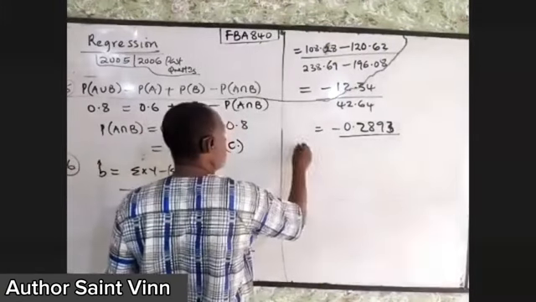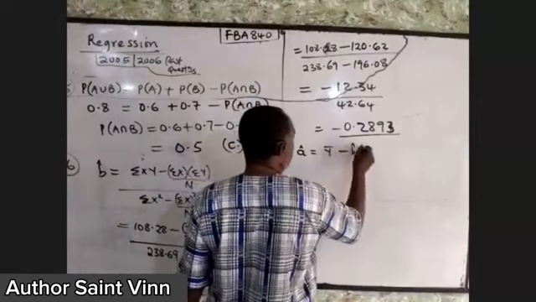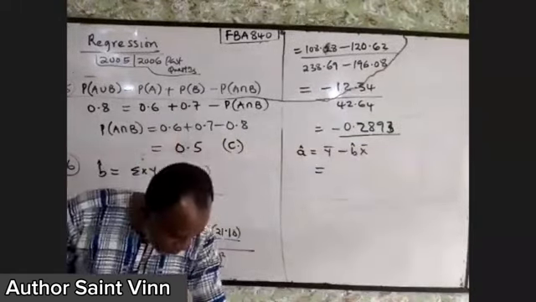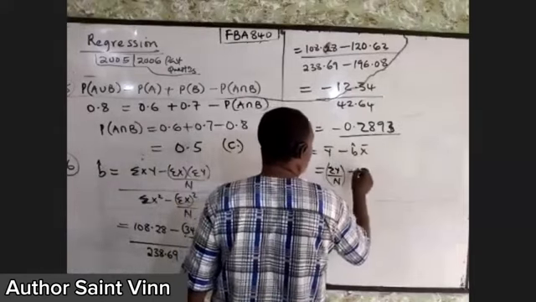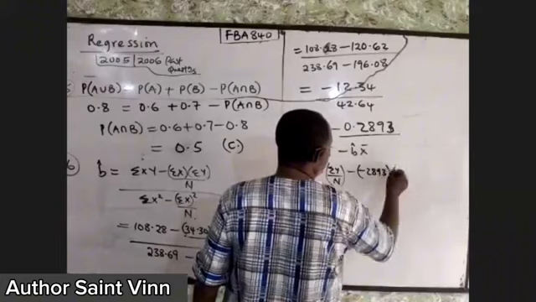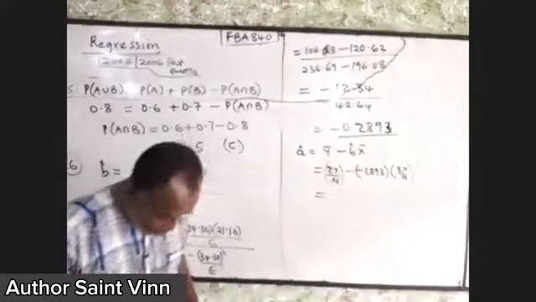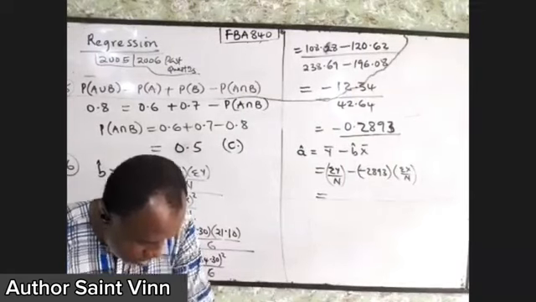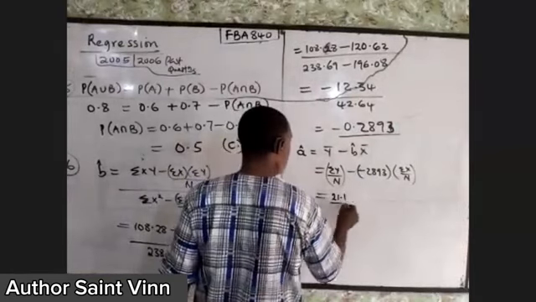Finally, the estimate of A is Y bar minus the estimate of B times X bar. The question gave us summation of Y over N. This will be minus 0.2893 into summation of X over N. Summation of Y is 21.1, all over 6.